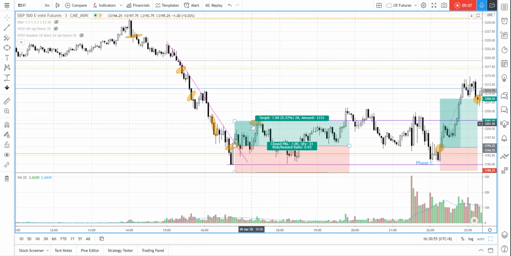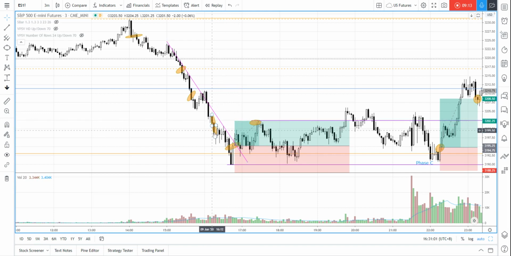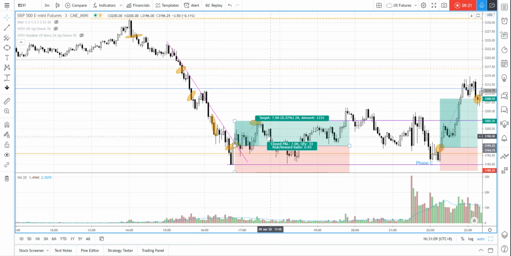I exited part of my position at the top here, because this is where this supply zone initiated, or I call it a commitment bar here. So these two bars form a commitment to the downside, and I exited somewhere around there to lock in some profit.